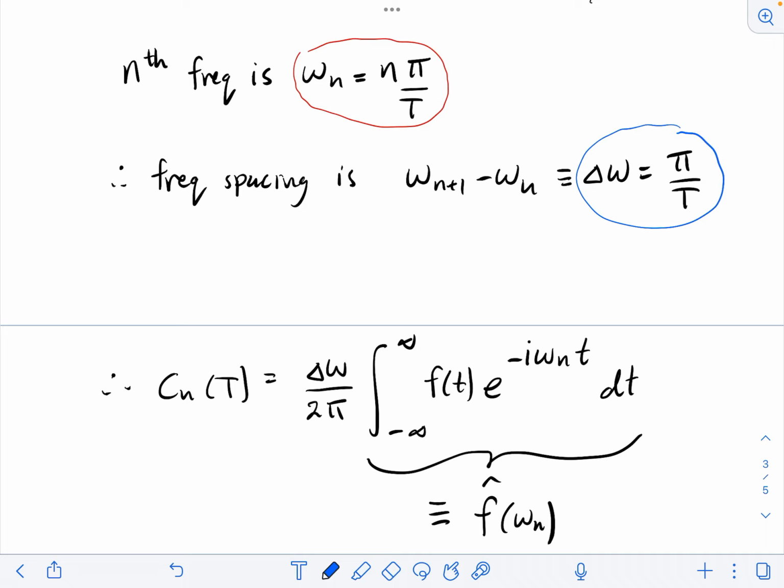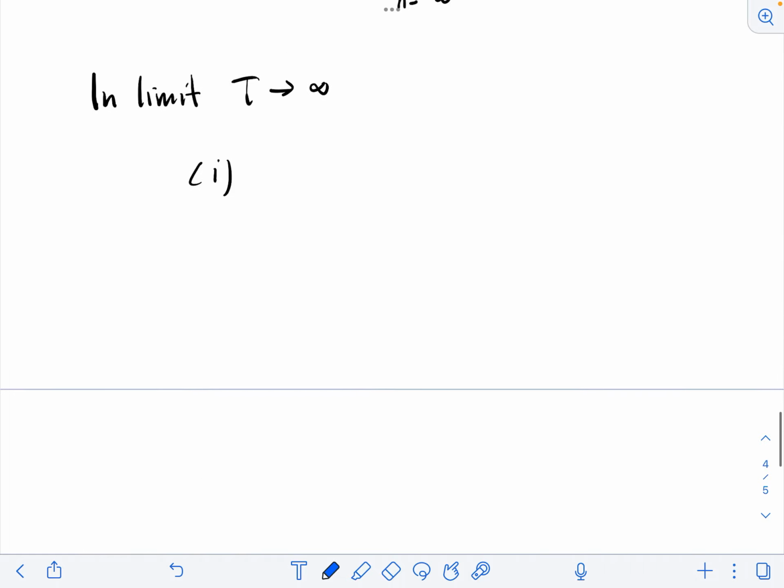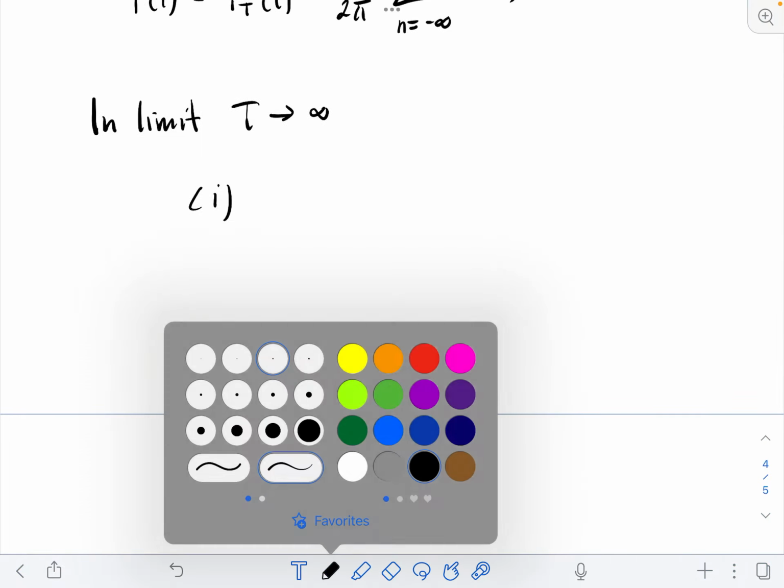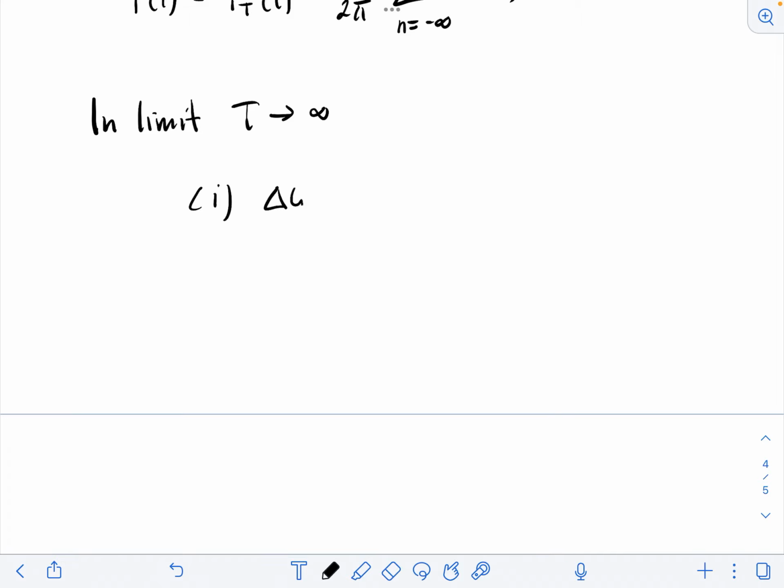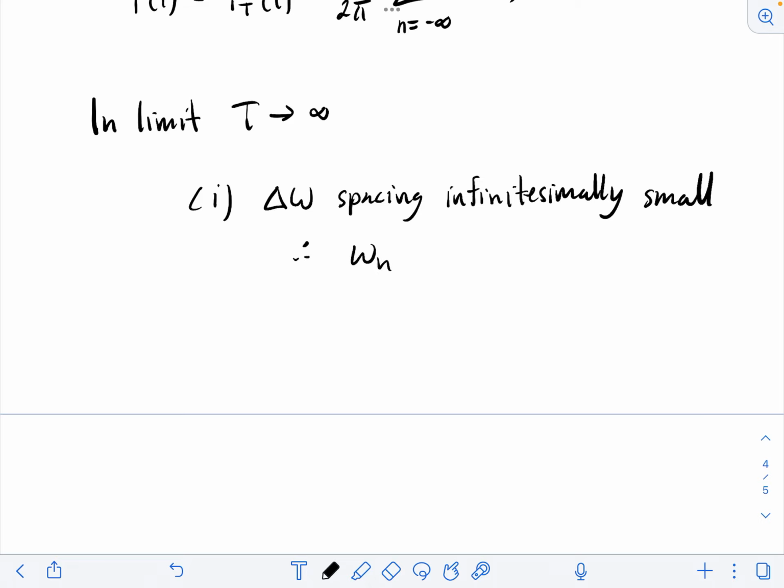So those are our two observations. The first one is that the delta omega spacing becomes infinitesimally small. And that means that the discrete omega n becomes continuous. And if it becomes continuous, we'll just drop the n subscript and just call the frequency omega.